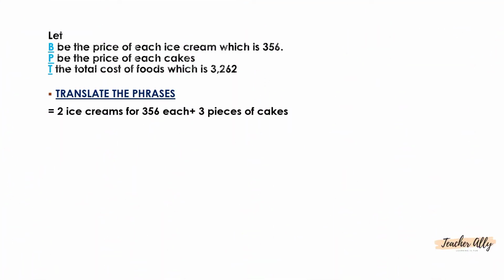Let us translate the phrases. 2 ice creams for 356 each plus 3 pieces of cakes: 2B plus 3P. 2B represents 2 ice creams for 356 each, and 3P represents 3 pieces of cakes. 2B plus 3P is an example of an algebraic expression.